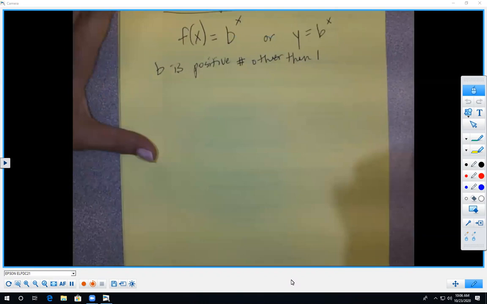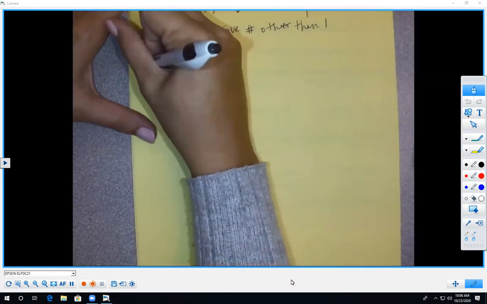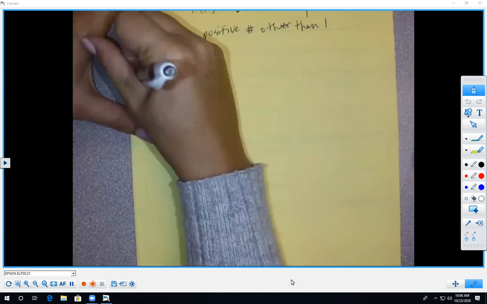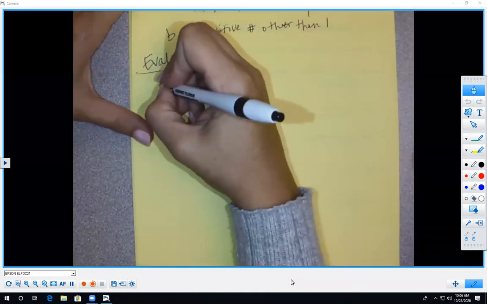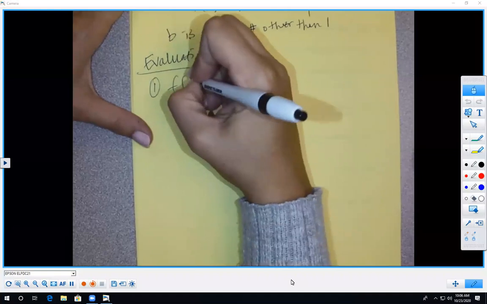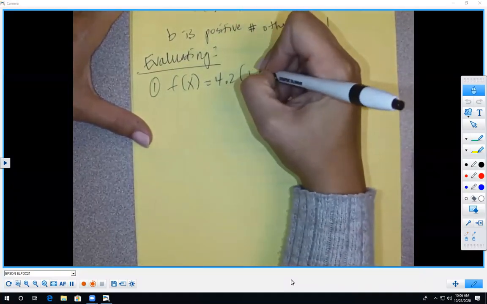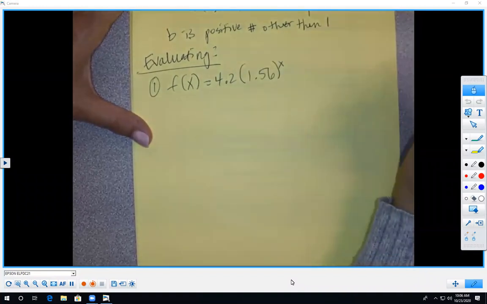Okay, so let's do just an evaluating problem. Say I gave you the word problem and I said that f of x equals 4.2 times 1.56 to the x power.